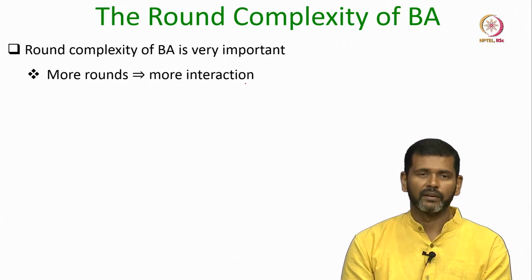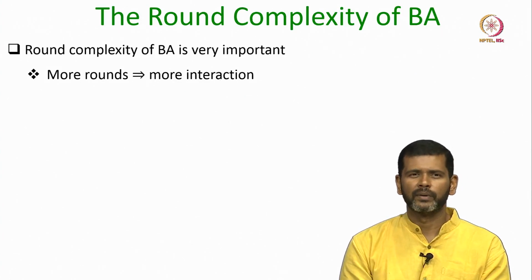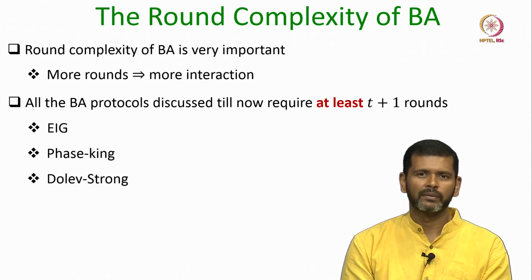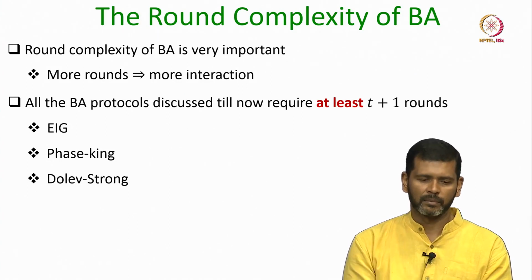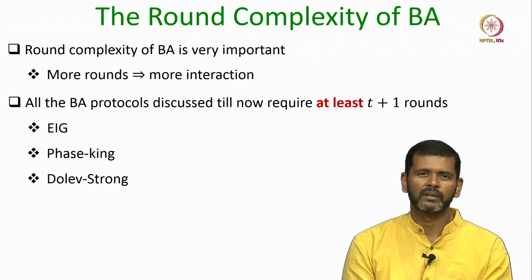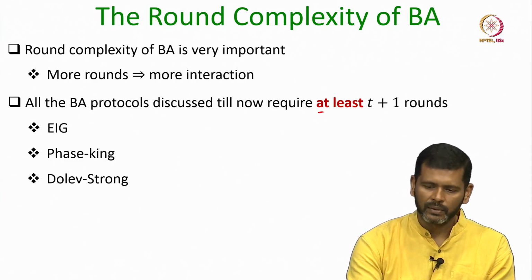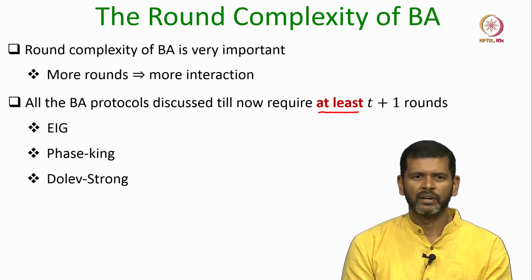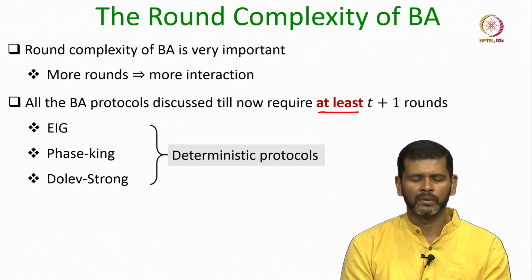As I said, the round complexity of BA is very important. More rounds means more interaction, and we will prefer to have protocols with fewer rounds. All the BA protocols that we have discussed till now require at least t plus 1 rounds, namely the EIG protocol, the phase king protocol, the Dolev-Strong protocol.